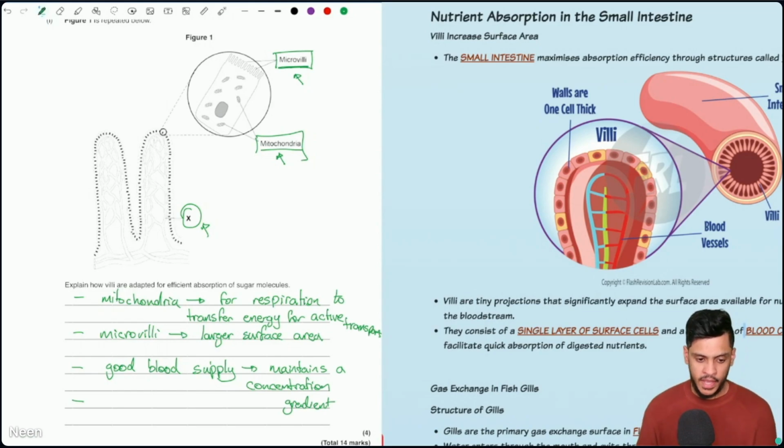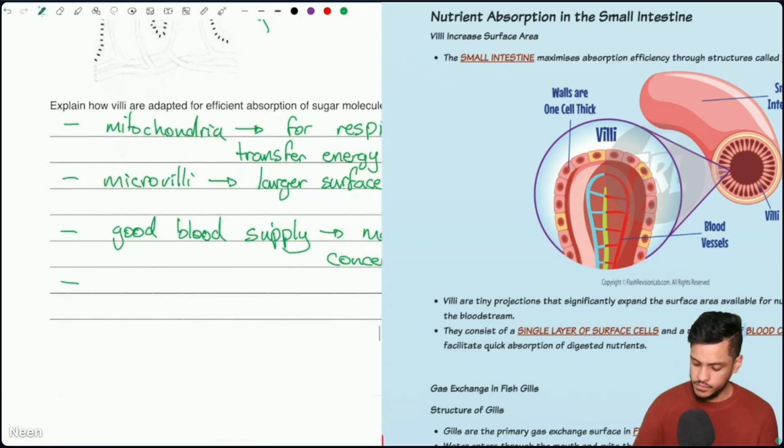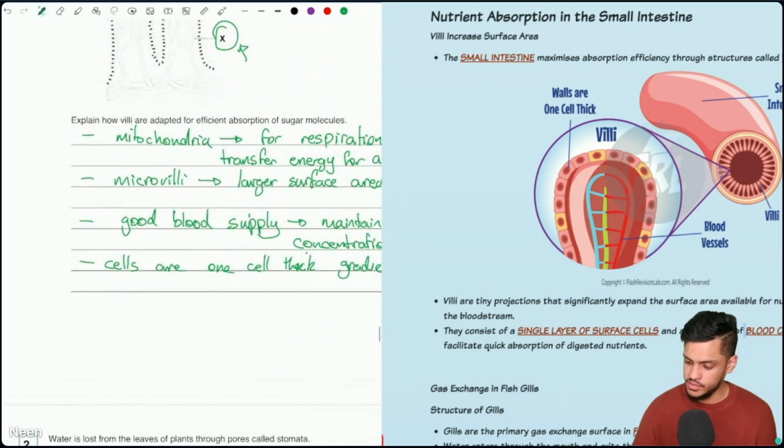Yep, Mary, well done. You can mention thin lining, or you can say the walls are 1 cell thick if you want a fourth point. And what that does is it decreases the diffusion pathway, the distance that diffusion needs to occur.